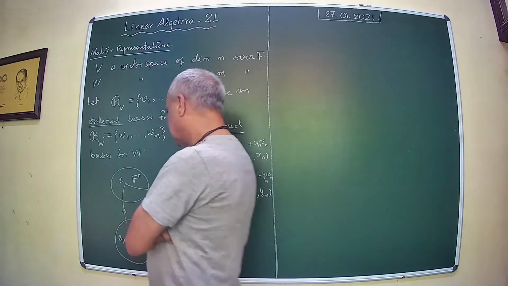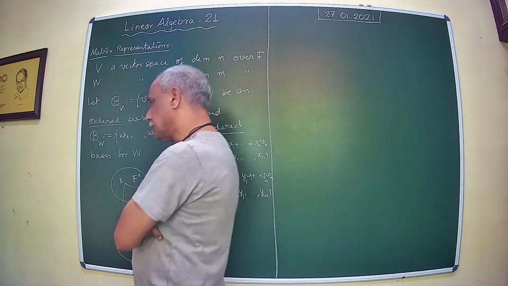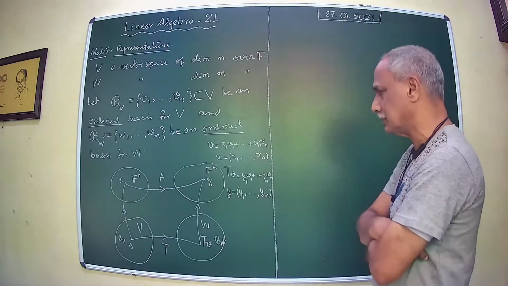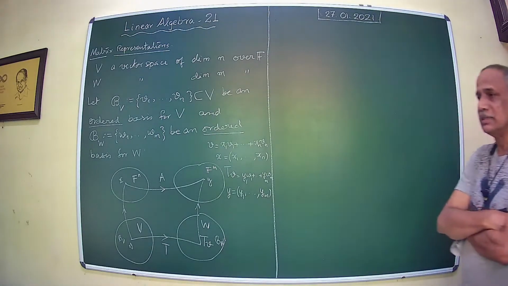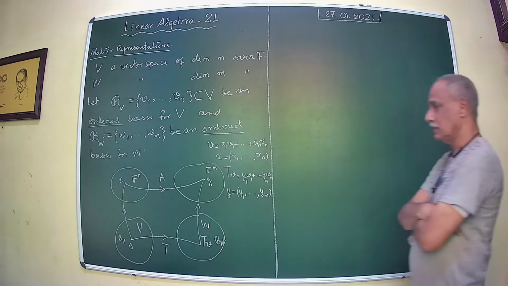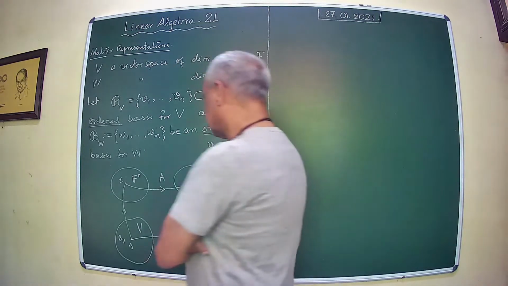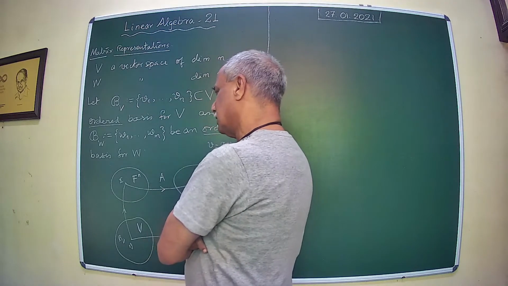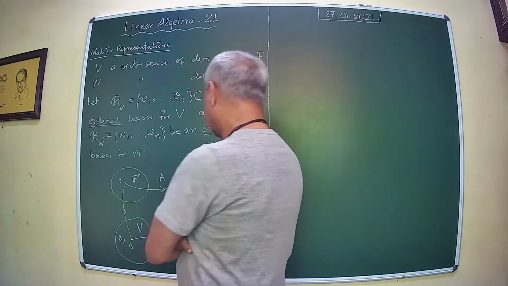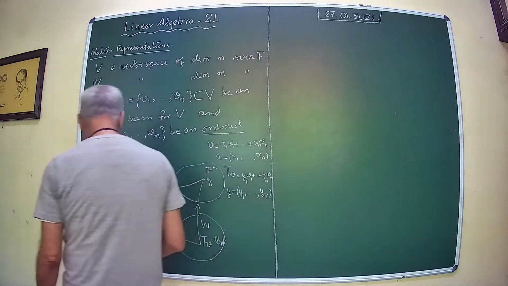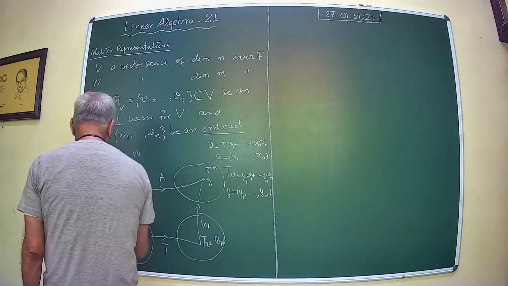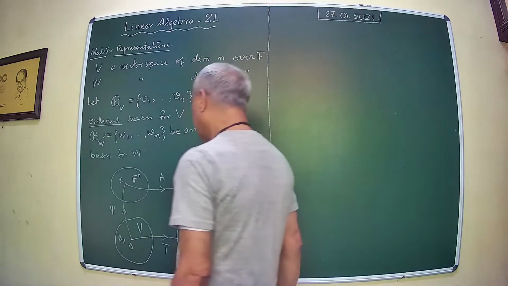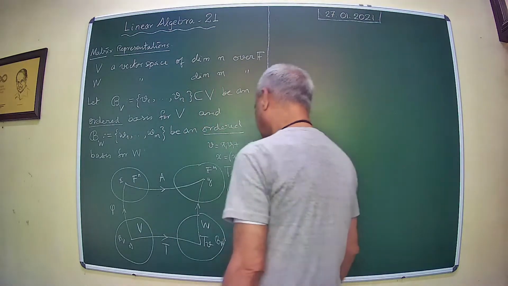In fact, strictly speaking, since we explicitly compute it as a matrix representation, it is clear that it's a linear transformation. But let us see this independently. Now you see that corresponding to the choice of BV, there is an isomorphism from V to Fn denoted by phi.